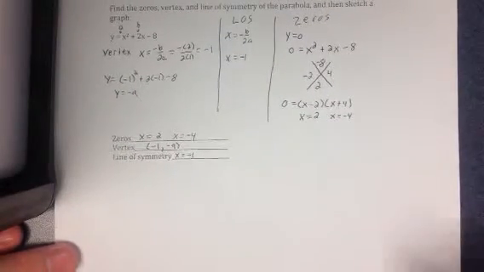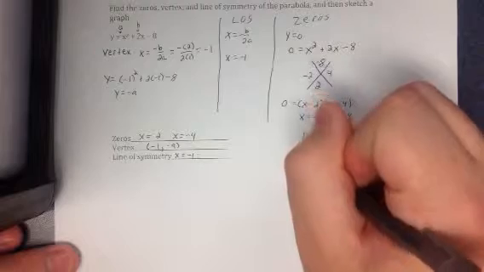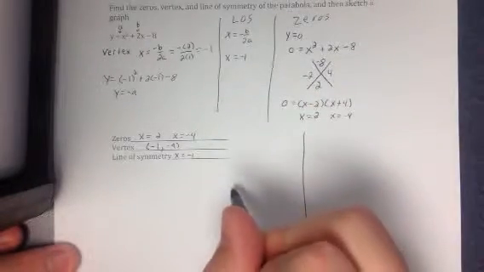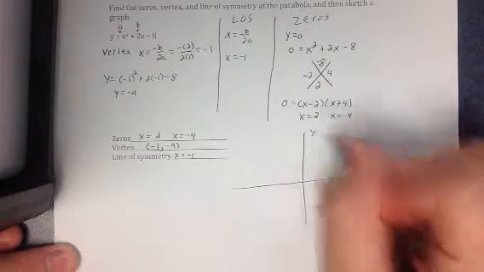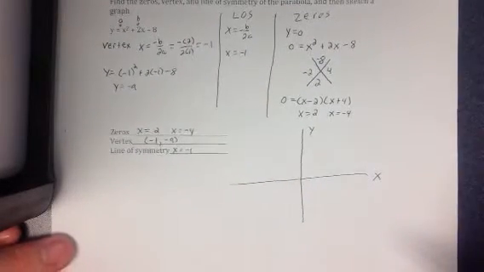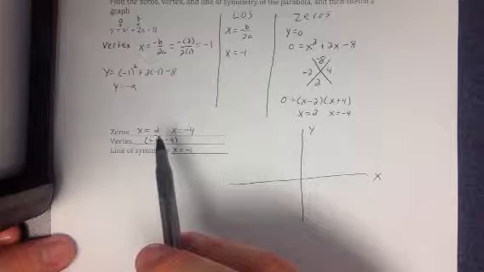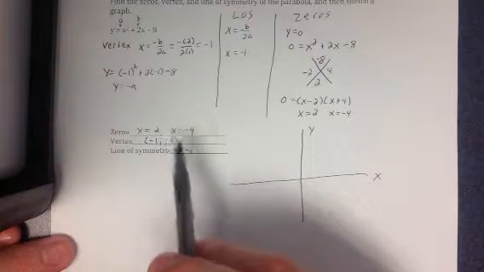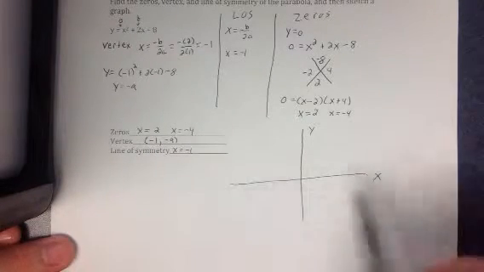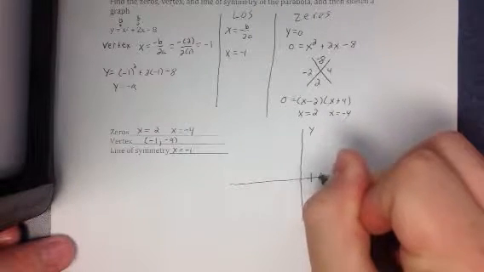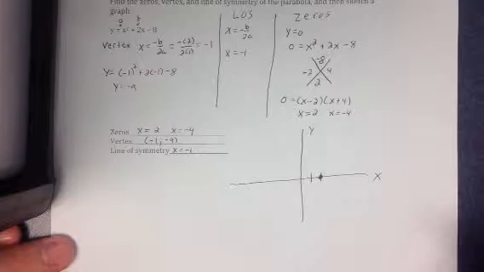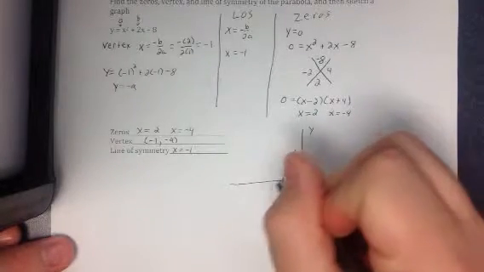Now if we want to look at this on a graph, again we're just sketching a graph. So we got the x and y axis. Now my zeros again are the x-intercepts, so I need an x-intercept at 2 and an x-intercept at negative 4. So it needs to cross the x-axis at 2.